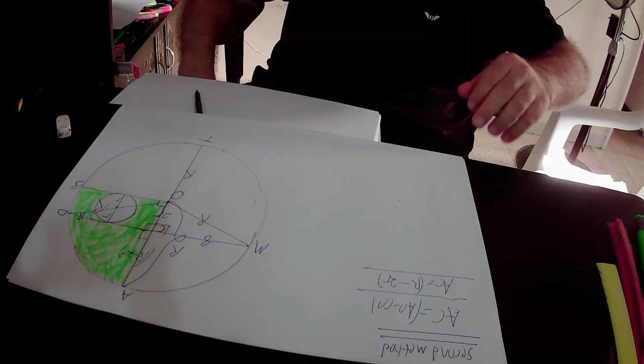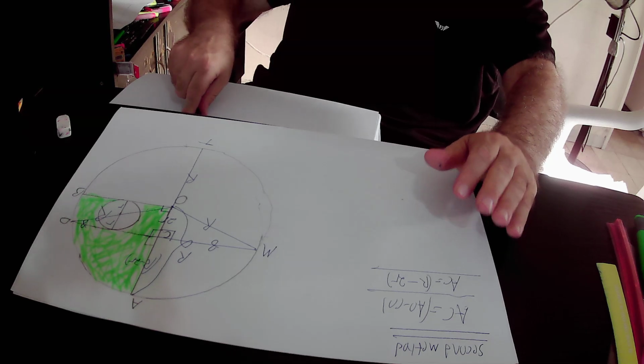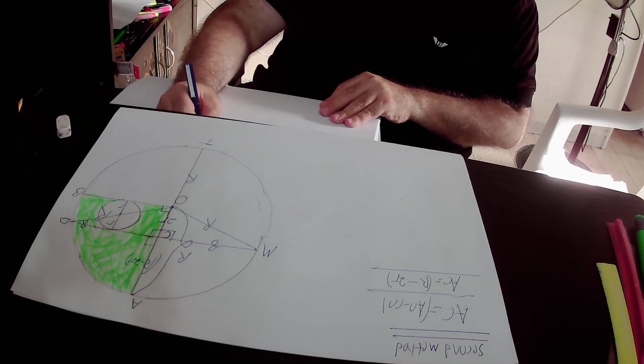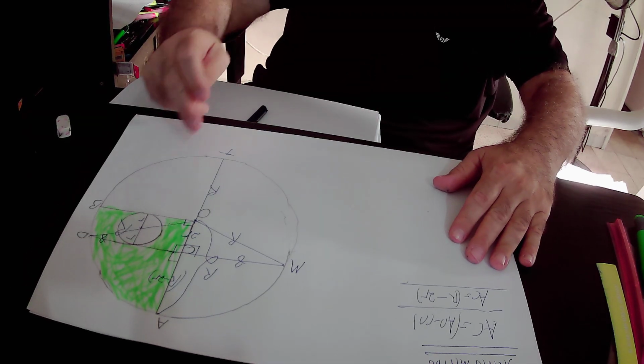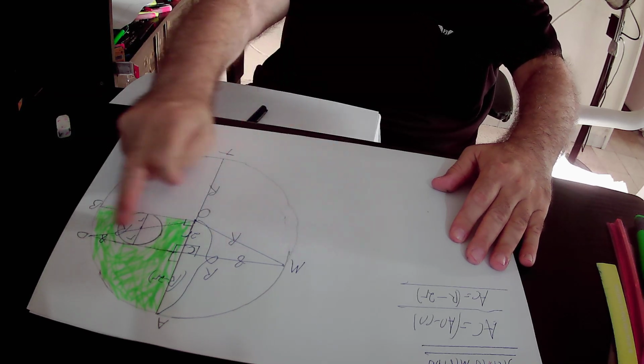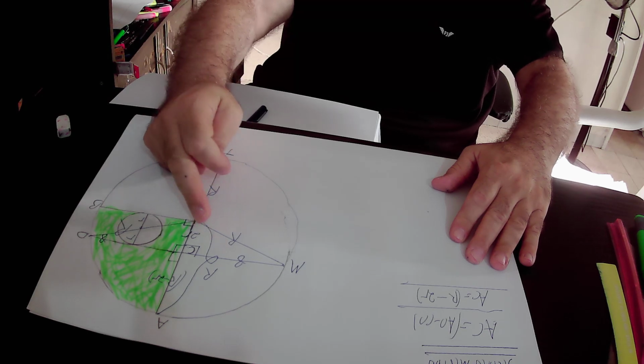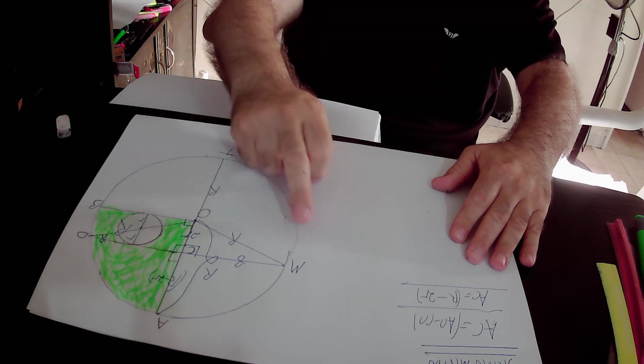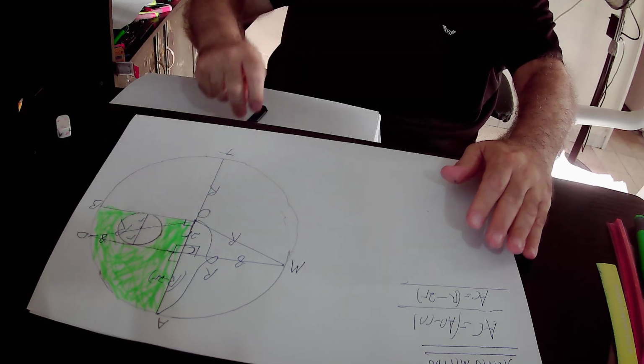Because in our drawing, we have chord AT that intersects with chord MD at point C. Again, chord AT intersects with chord MD at point C. So I write it down.